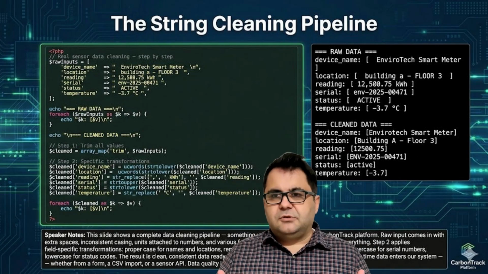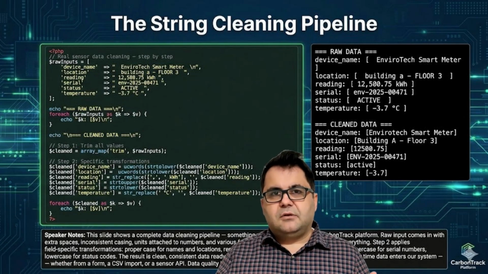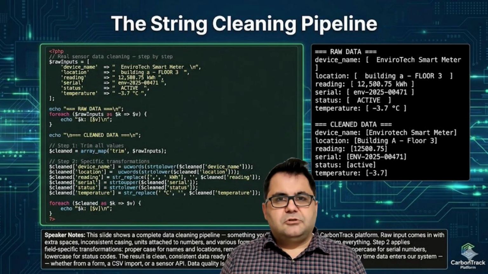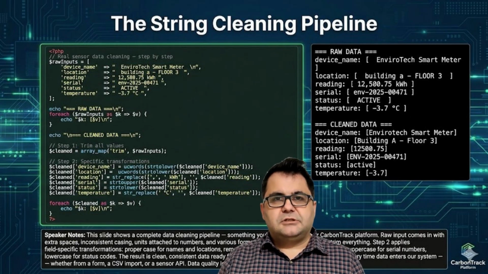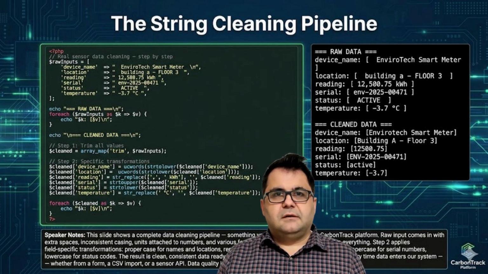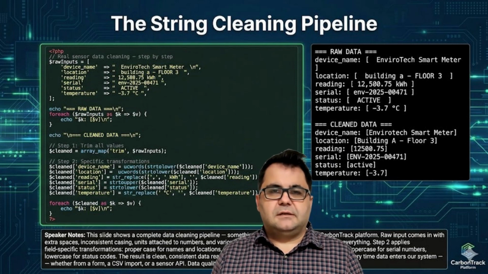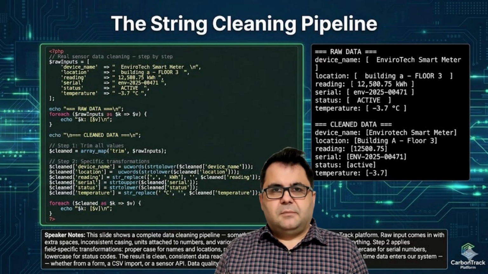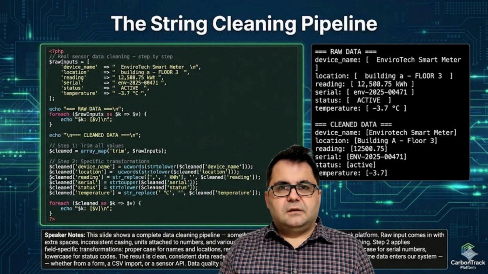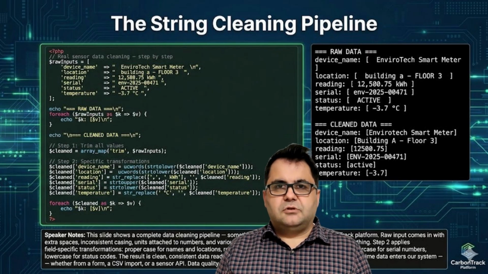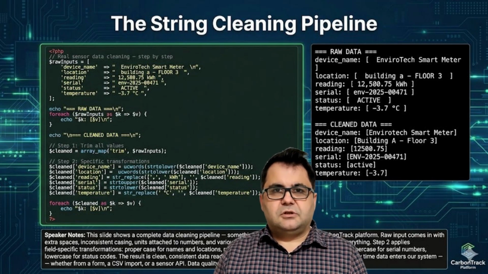This slide shows a complete data cleaning pipeline, something you'll implement in your Carbon Track platform. Raw input comes in with extra spaces, inconsistent casing, units attached to numbers, and various formatting issues. Step 1 is always trim everything. Step 2 applies field-specific transformations: proper case for names and locations, remove commas and units from numeric fields, uppercase for serial numbers, lowercase for status codes.